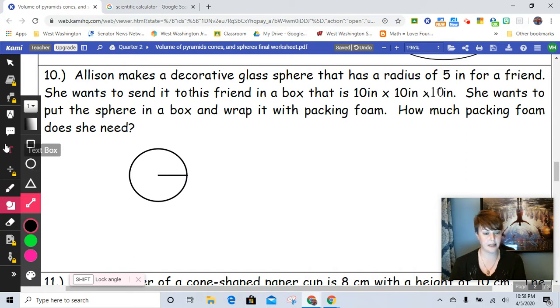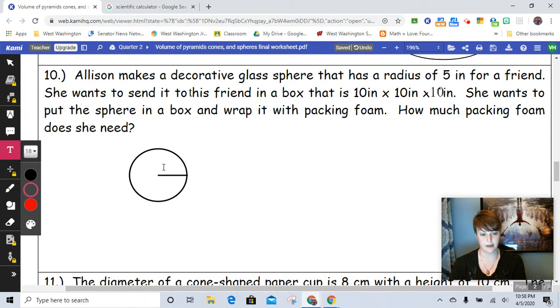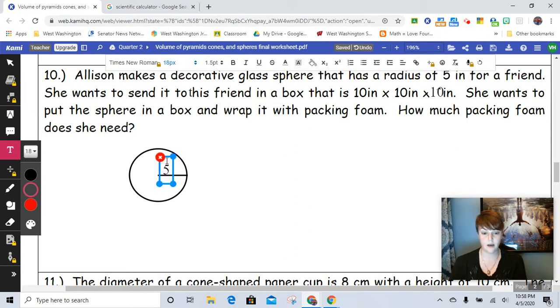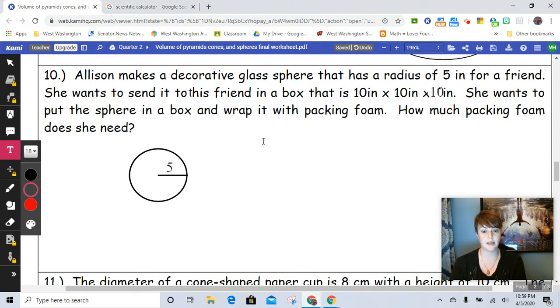And so that radius is 5. When we are doing problems like this, it always helps to sketch out a picture. Obviously, I don't expect you to sketch it out on the computer. You can have paper, you can have a little mini whiteboard, you can have whatever helps you out. So anyway, that is the sphere.